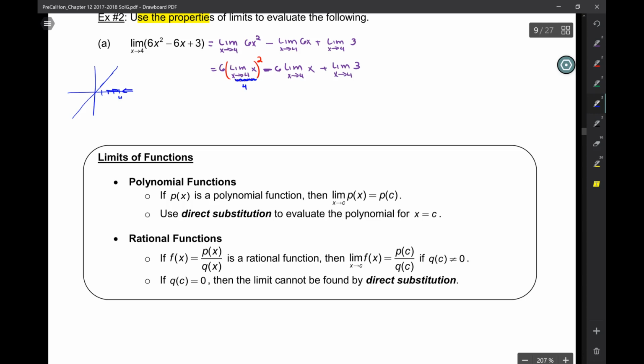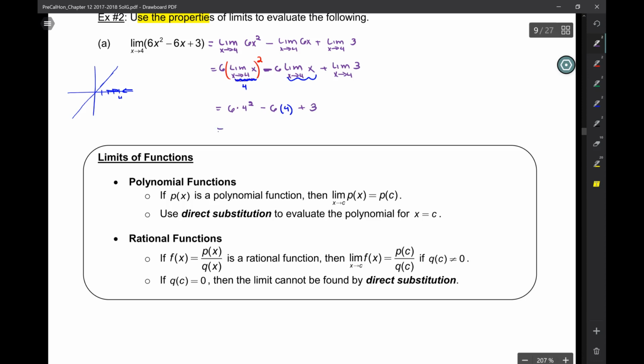4. So then this is 6 times 4 squared minus 6 times, that's also 4, plus how much is the one on the end? Just 3. Okay?